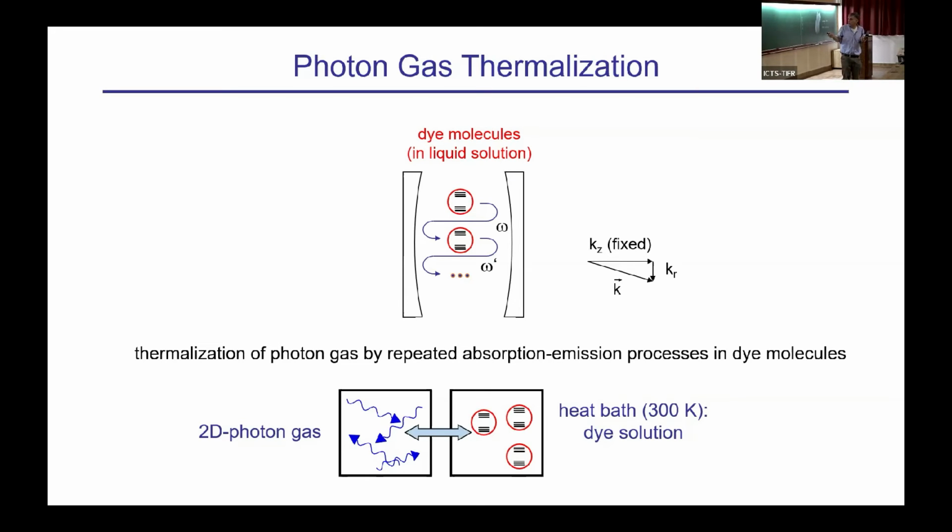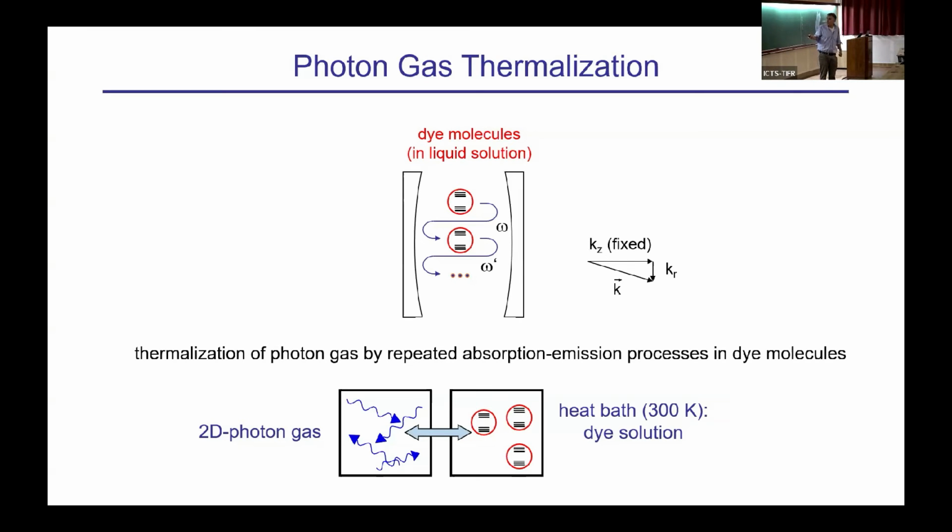The longitudinal wave vector of the photons is fixed due to the low frequency cutoff. And by repeated absorption re-emission events on the dye molecules, we thermalize the two transversal modal degrees of the photon gas. So effectively, we couple our two-dimensional photon gas to the dye solution, which acts as a heat bath at room temperature.